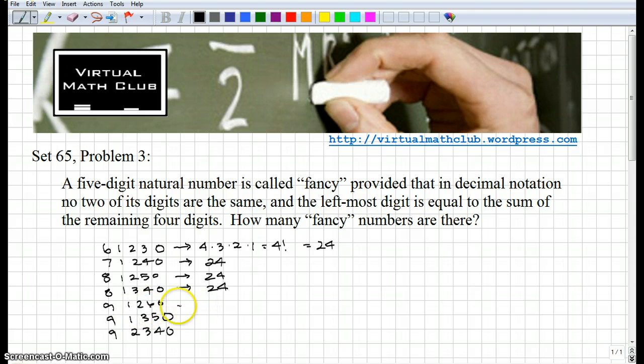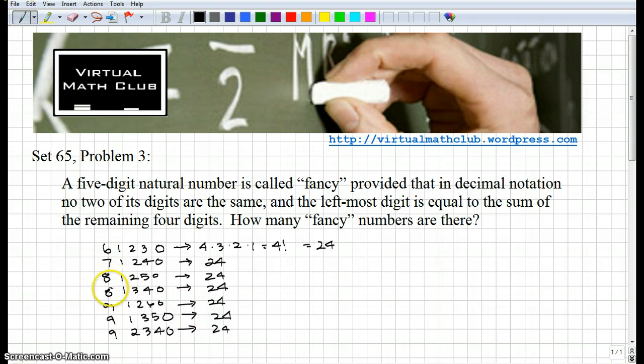Then, again, we can rearrange the digits to get 24 unique fancy numbers for each of these types. And that's it, because if we go beyond 9 we end up with a 6-digit number, and 6 was our lowest.